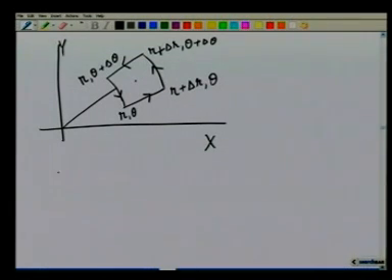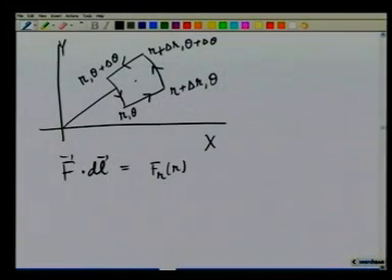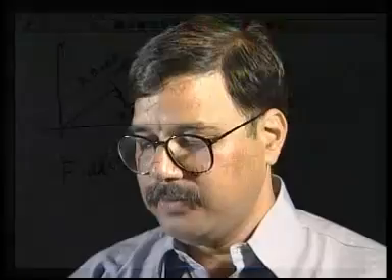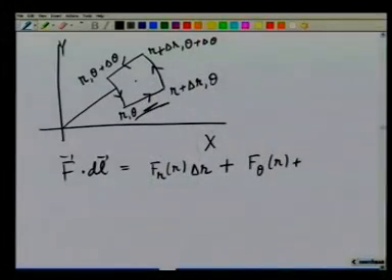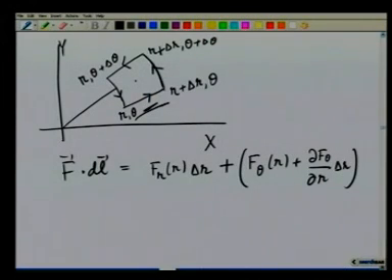If I want to calculate f·dl over this path, it is going to be f_r at (r, θ) times Δr, that will be the contribution from this, plus f_θ at r. However, as I go out, the θ component changes, it changes by ∂f_θ/∂r Δr, and the distance I cover is r + Δr times Δθ. Now, I am coming back.